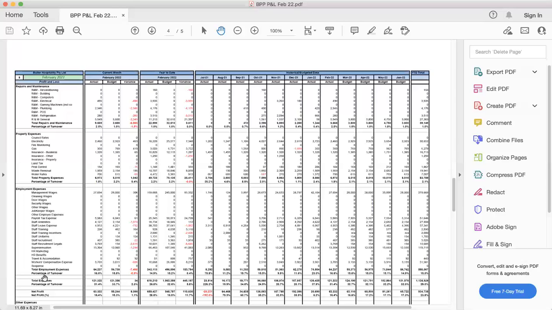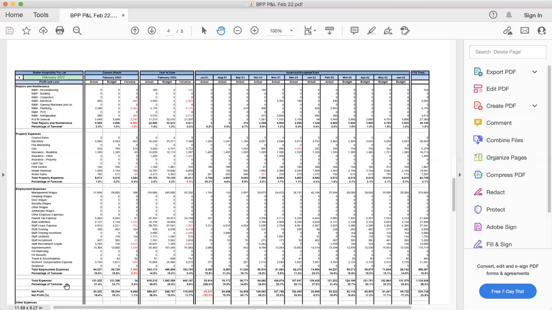So this one generally is a big category, as you can overspend in this quite easily. If we look at the total employment expenses for this venue, we're looking at almost $65,000 against a budget of $56,000. So we're overspent by $7,000. As a percentage of turnover, that's 16.6%, or 16.6 cents that we spent, which is over by 0.9.